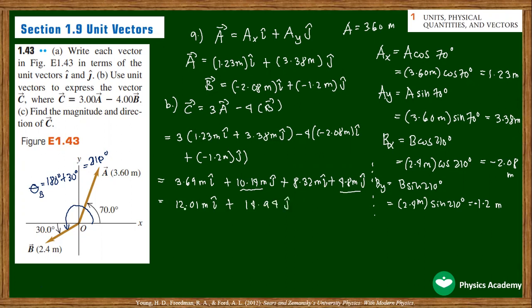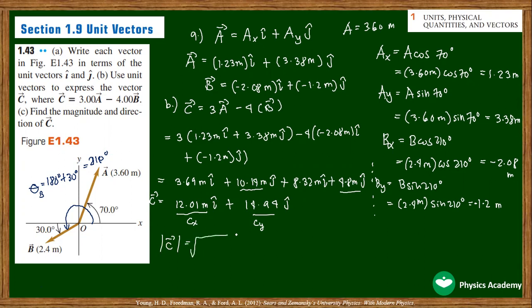So this is our vector C: 12.01 i hat plus 14.94 j hat, where this is Cx and this is Cy.